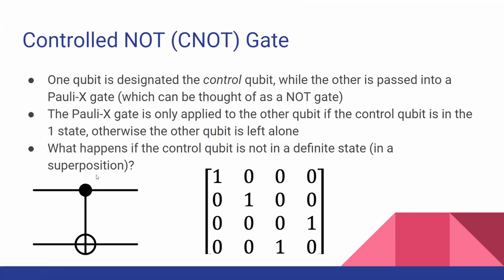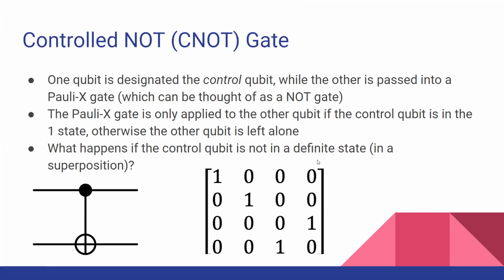As long as the control bit is in the definite 1 state, then for the second qubit, it's identical to a NOT gate. It will just invert the state of the second qubit. However, if the control bit is 0, then the second qubit is unaffected. It doesn't get notted. It is completely unaffected. So the control bit basically enables or disables notting the second qubit. And this is what the matrix looks like.